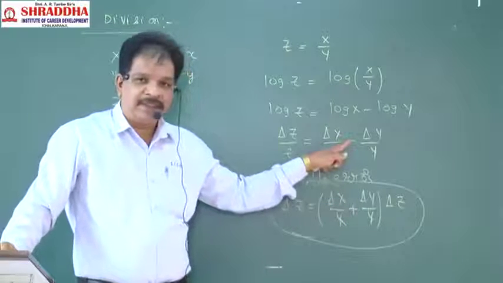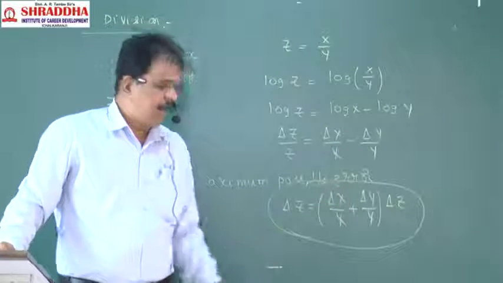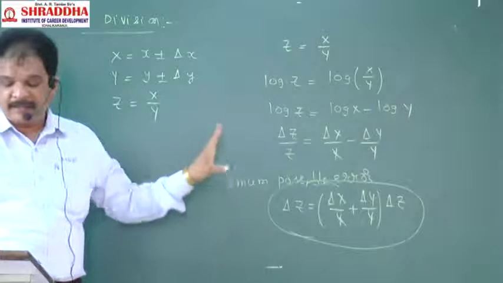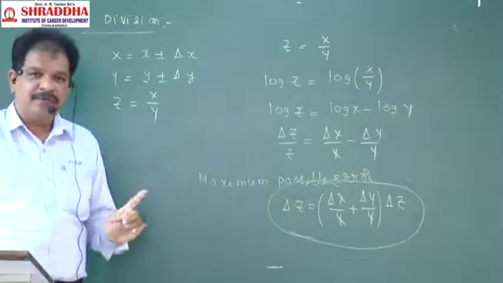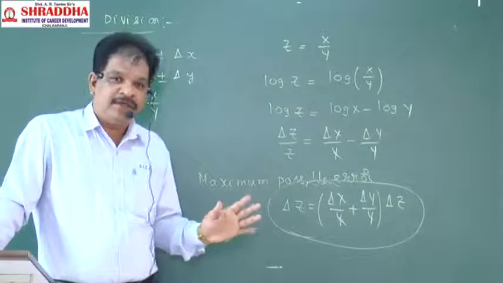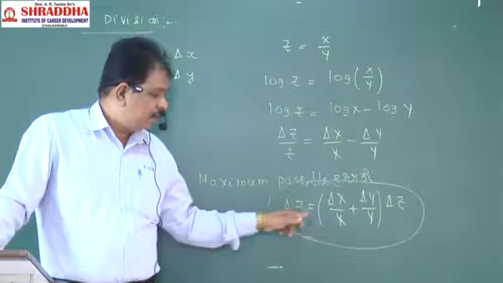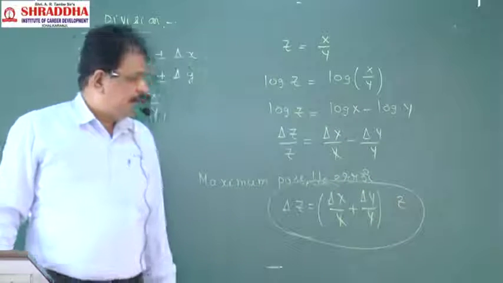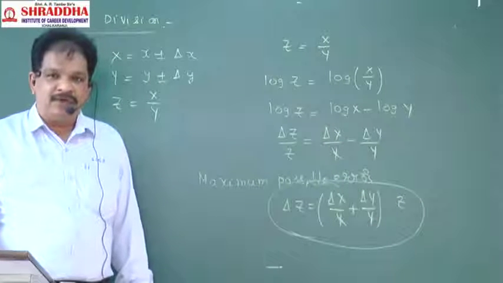Though here minus came, you have to take positive here to find the delta z, that is the key point here. Okay? Either in multiplication or in division, same rule. This is z, not delta z. Same method we have to follow here.